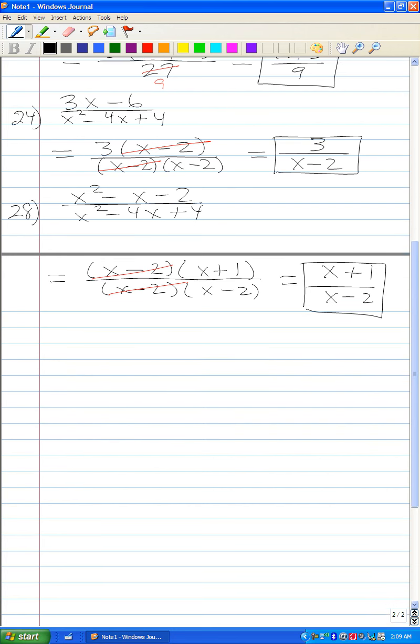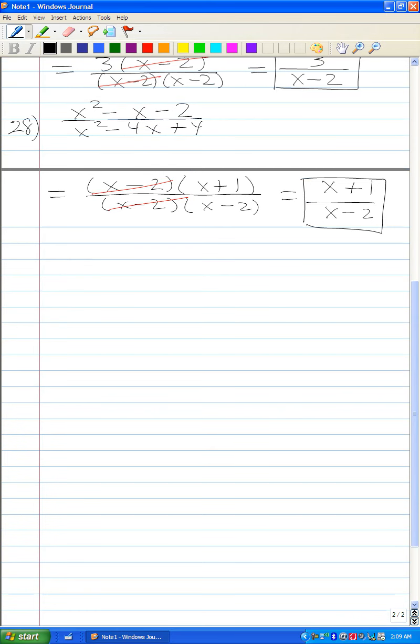Let me do problem number 32. In exercises 29 through 68, simplify the rational expression. So basically the same thing that we've done. 2x plus 2 over 2x squared plus x minus 1. I can factor the numerator.